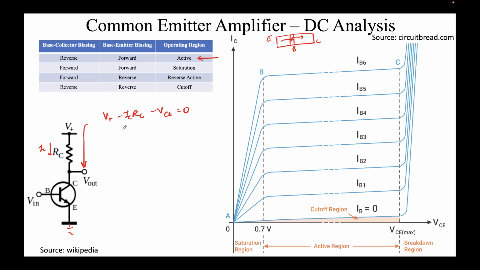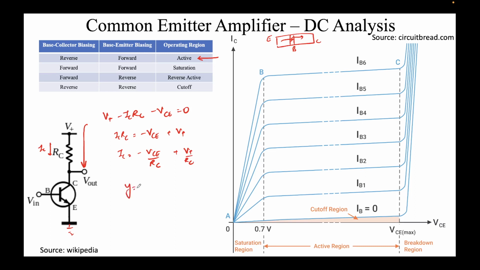I take ICRC to the other side, so ICRC equals minus VCE plus V plus. Now I can write IC equals minus VCE over RC plus V plus over RC.